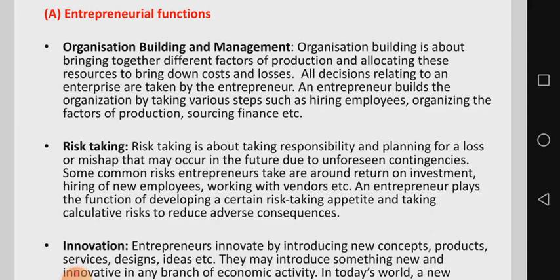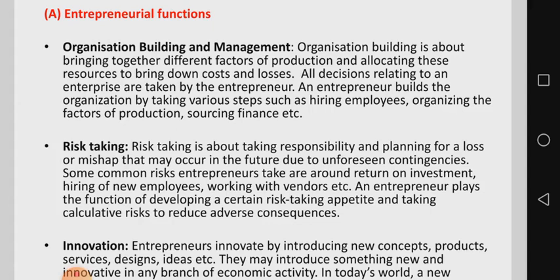When you decide the type of business, you will also think of how much money you want to invest in it, or how many employees you need. If you need employees, what skills should those employees possess? So all these factors are taken into consideration in the first part, organization building and management.